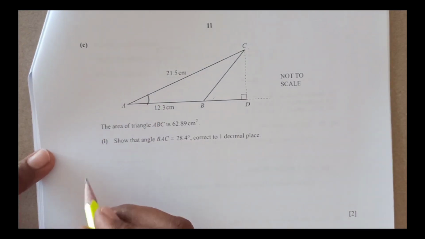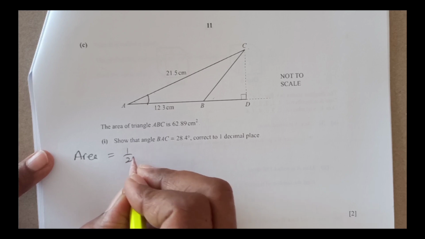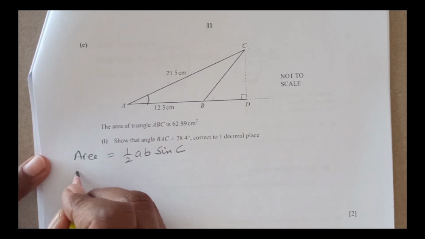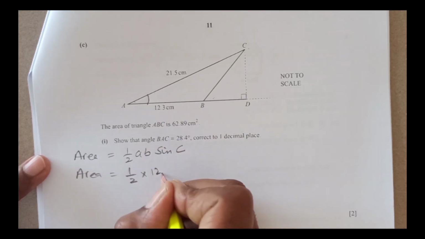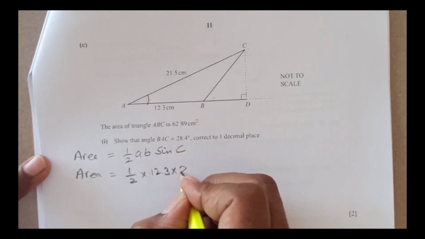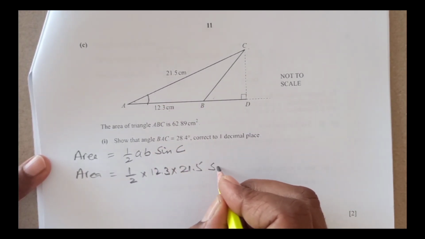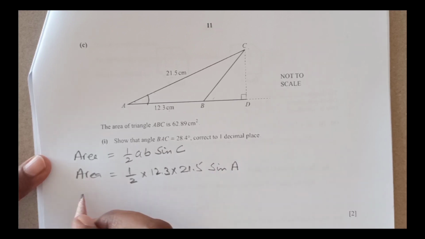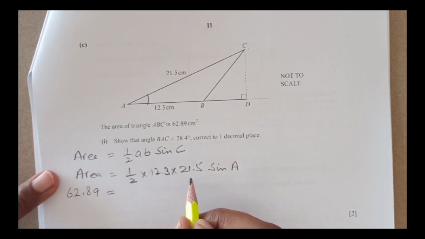So we can use the area of the triangle using the sine formula, which is half AB sine of C. So area we can write down here, half times A, which is 12.3, times B, which is 21.5, and we take the included angle, which is sine of A, right?